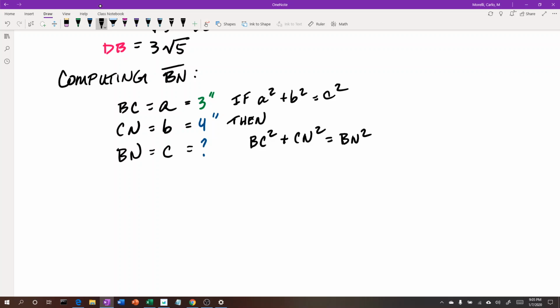All right, well, let's plug in the values that we know. BC is 3, so this would be 3 squared. Okay, and we know CN is 4, it's going to be 4 squared. And that equals BN squared, which we don't know. So we just take the square root of both sides.